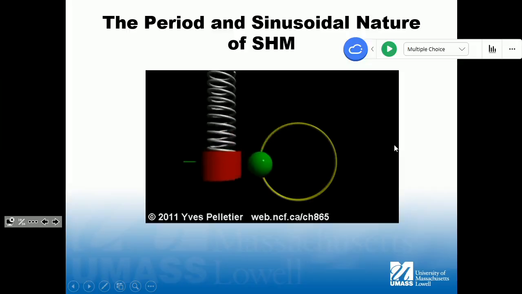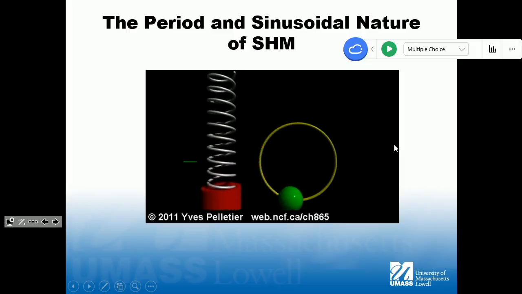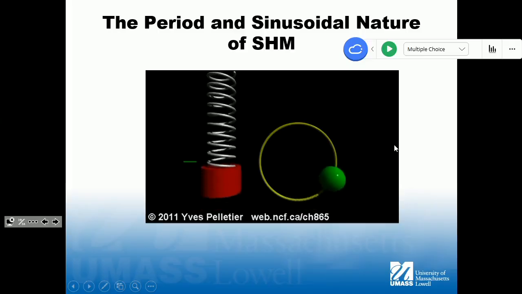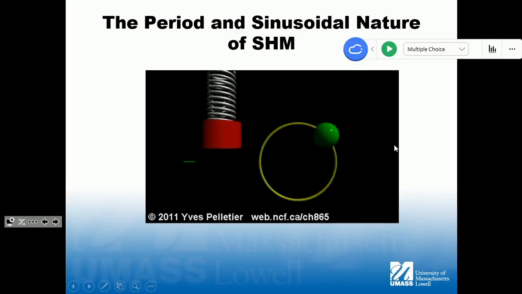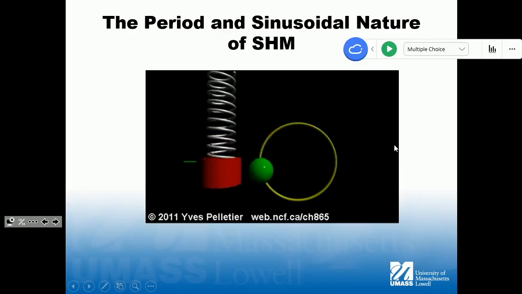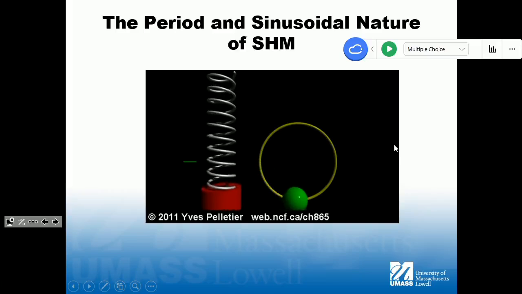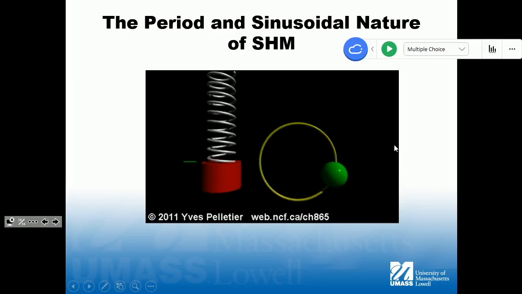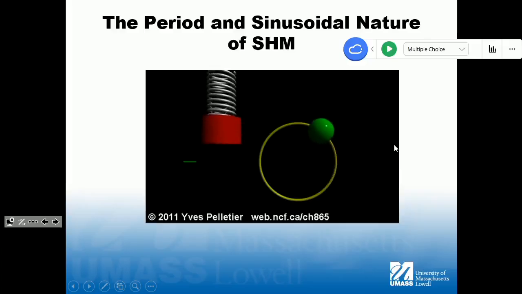What I want you to do though is look at the vertical position of that green ball and the red block as they move. Look at their vertical position as they move, and you should find that it's the same. Right?